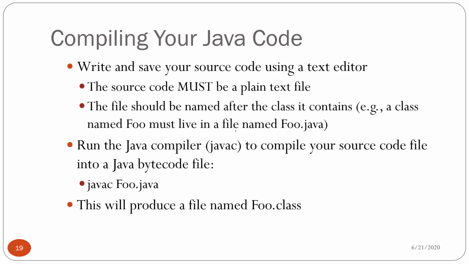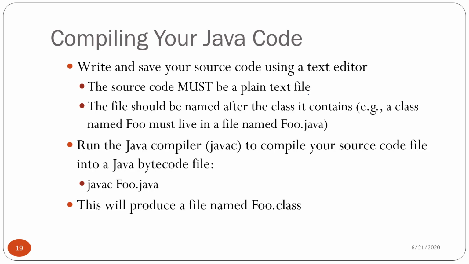Alright, so we know how to compile a Java program, but let's go over that because it will be a good exercise. Write and save your source code using a text editor. We use Sublime. The source code must be a plain text file, so please don't write your source code in Word or any other word processor.